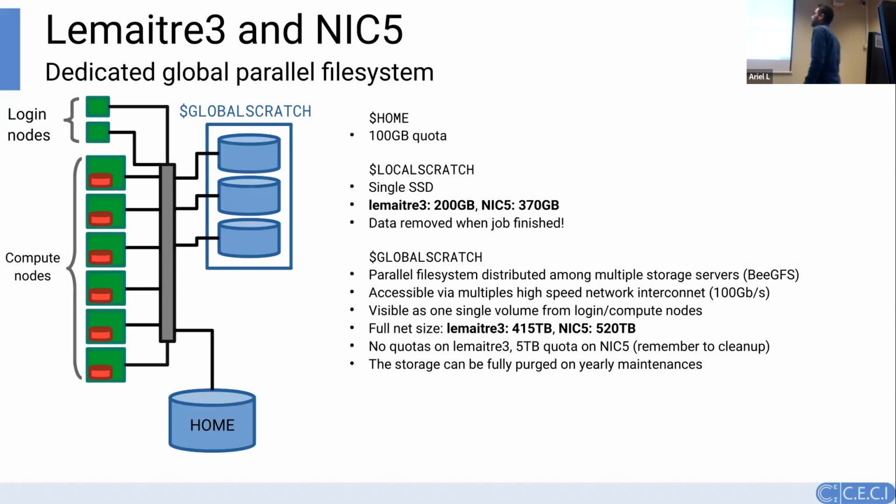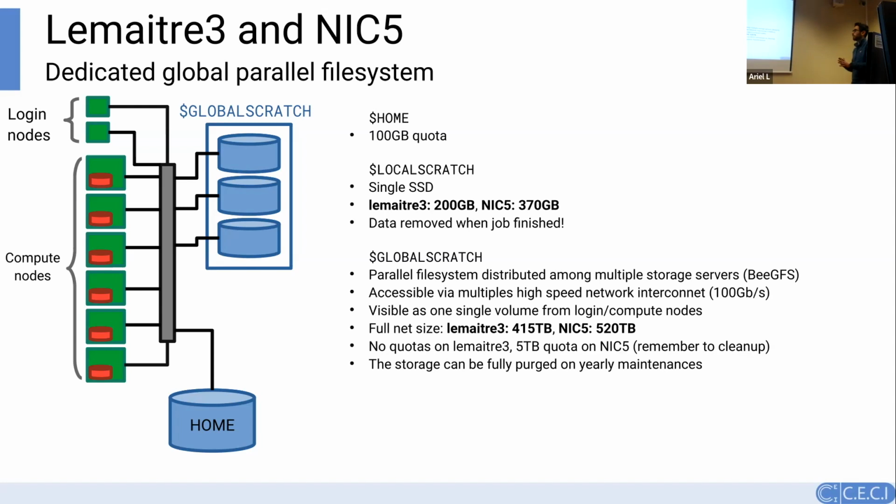So now, going into the details of how they are actually set up on two of the CECI clusters, Lemaitre3 and NIC5. They both have a dedicated parallel file system providing the global scratch. As mentioned in Damian's presentation, it's a file system that is distributed.